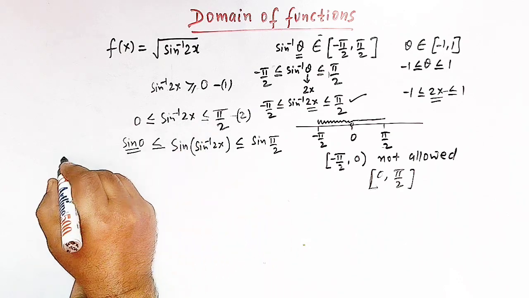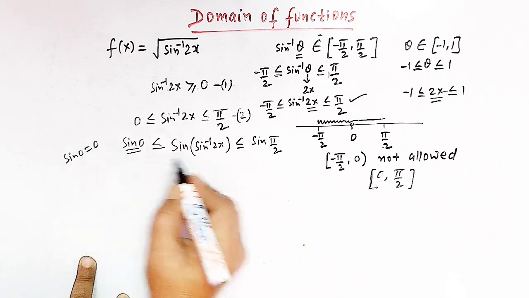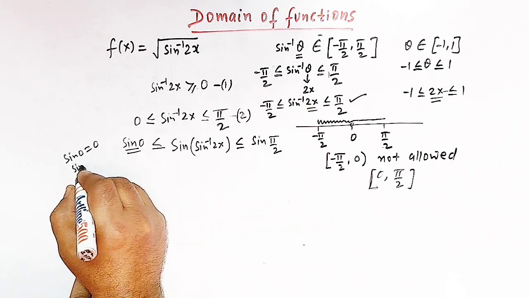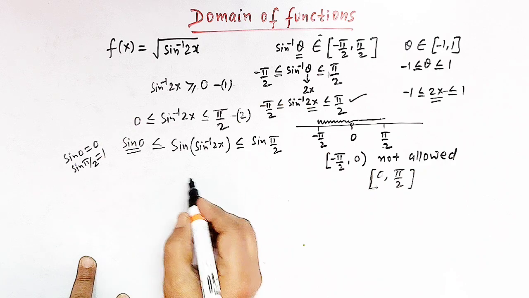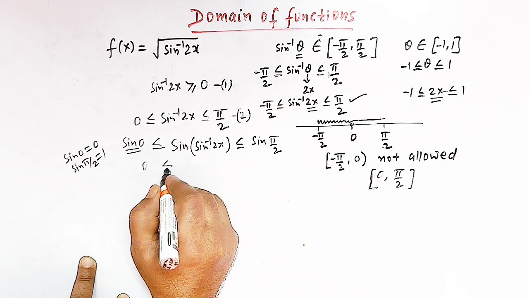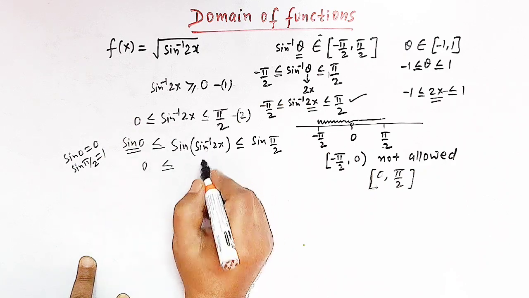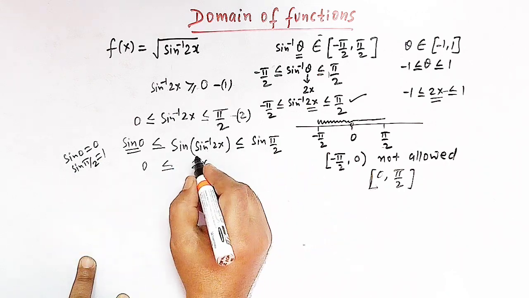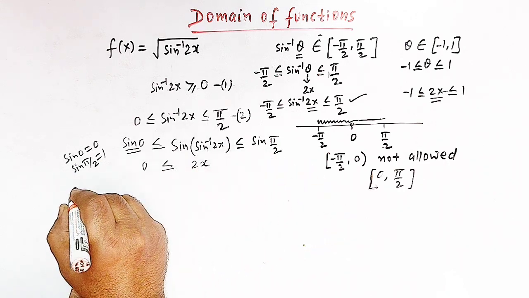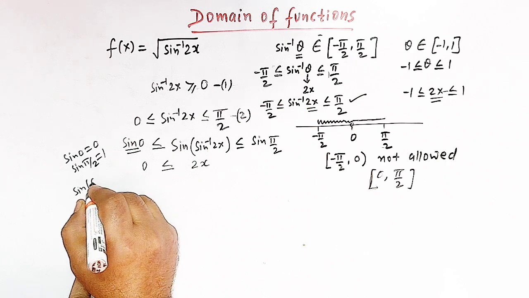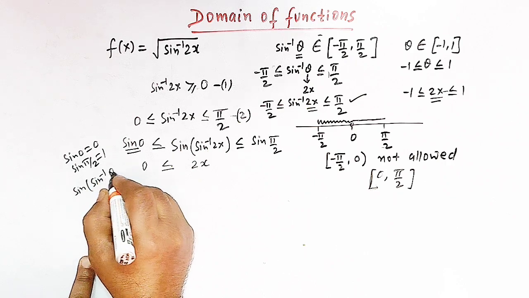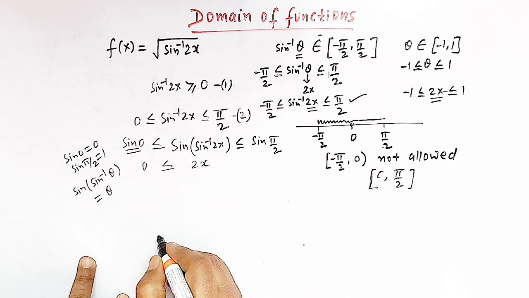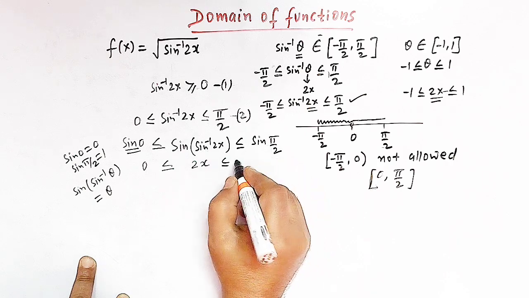So sine 0 is 0 and sine pi by 2 is equal to 1. So here we have 0, and then we have simply 2x, because from the properties of inverse trigonometric functions we know that sine of sine inverse theta is equal to theta, and here we have 1.